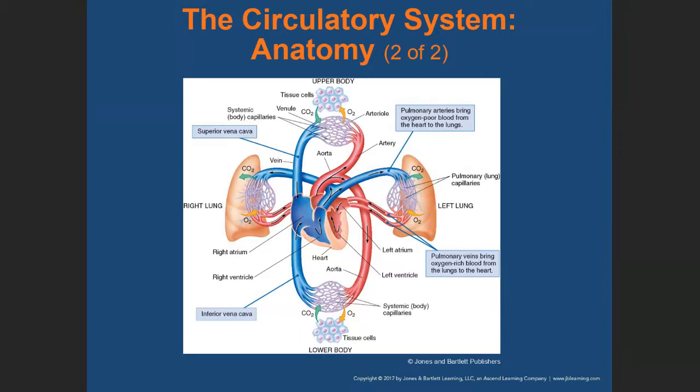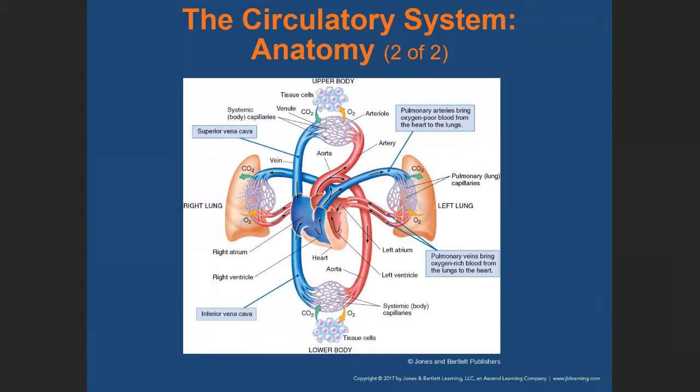Now the vessels, right? The vessels are divided into high pressure and low pressure. You need to know which side of the circulatory system is high pressure and which side is low pressure, right? Working with the high pressure side, we'll start with the arteries, right?